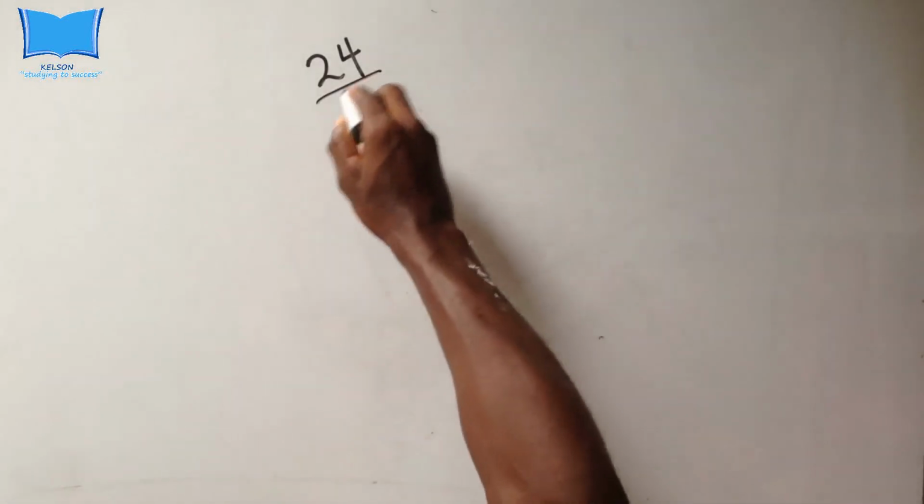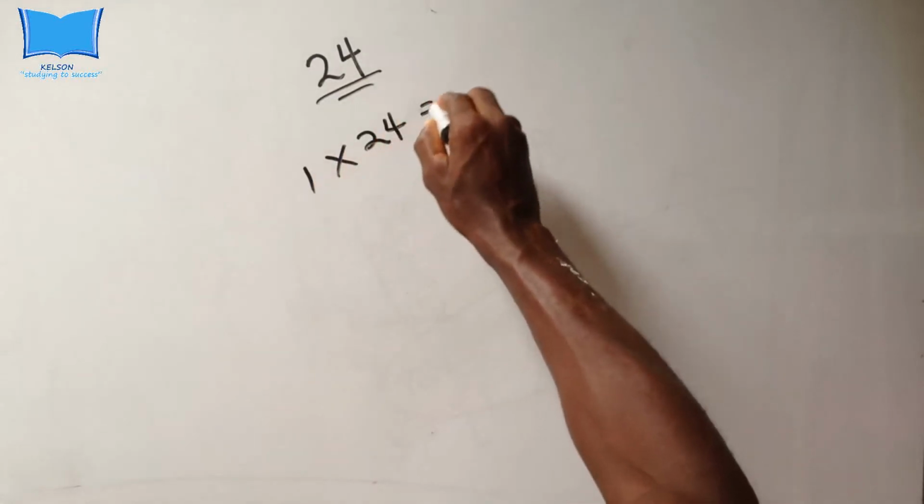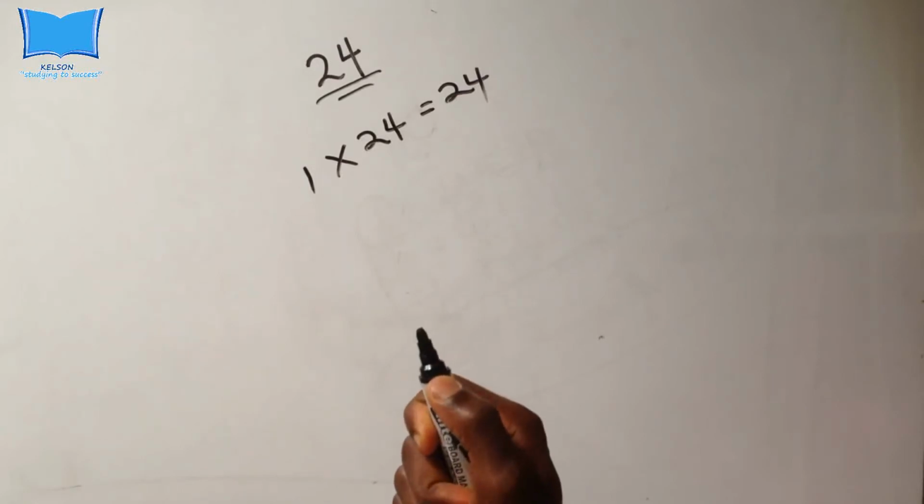Okay, so let's try another example with number 24. As usual, 1 times 24 equals 24. So 1 is a factor of 24. 2 times 10 is 20, 2 times 11 is 22, 2 times 12 is 24.